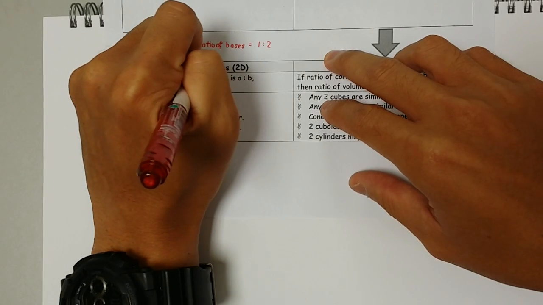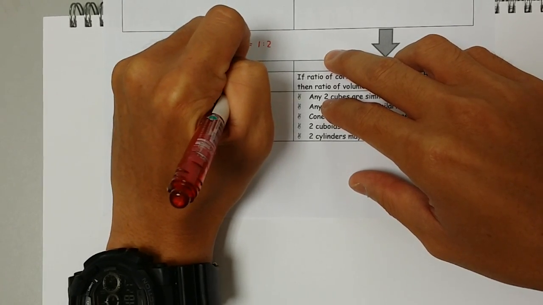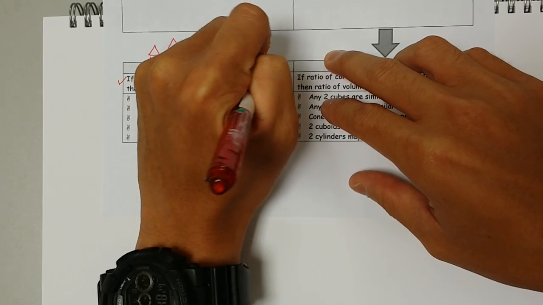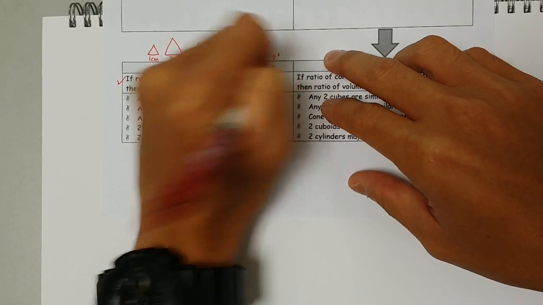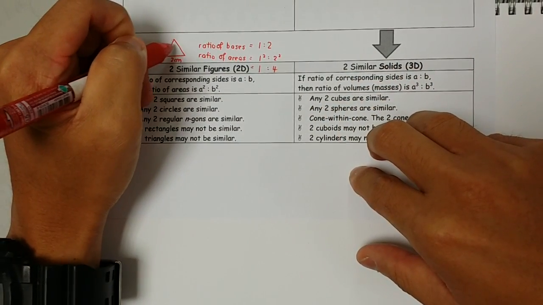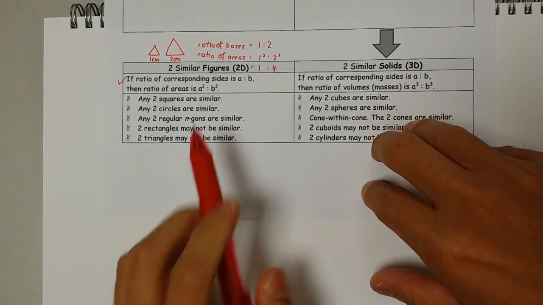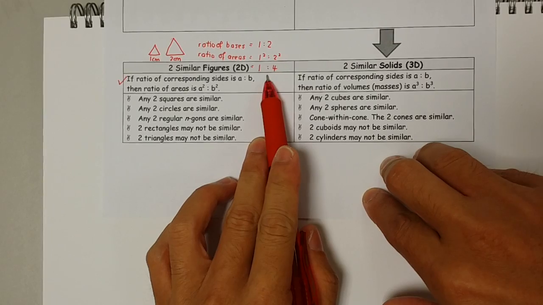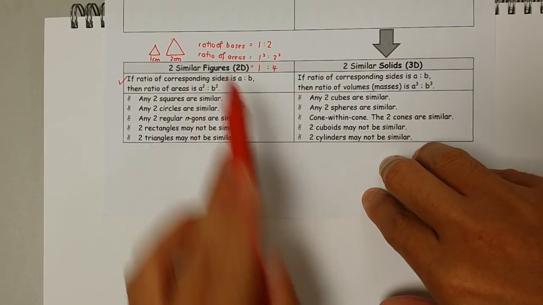Then we can easily say that the ratio of the areas of these 2 triangles is actually 1 square to 2 square, which equals 1:4. So if the area here is 1 unit, the area of this one here must be 4 units. This is a simple thing you need to know for similar figures.